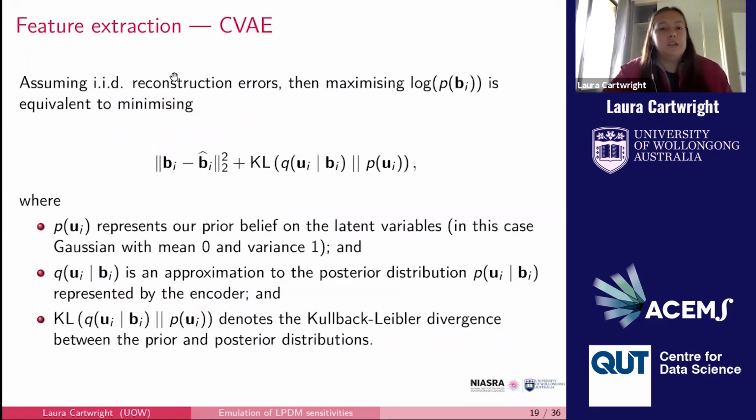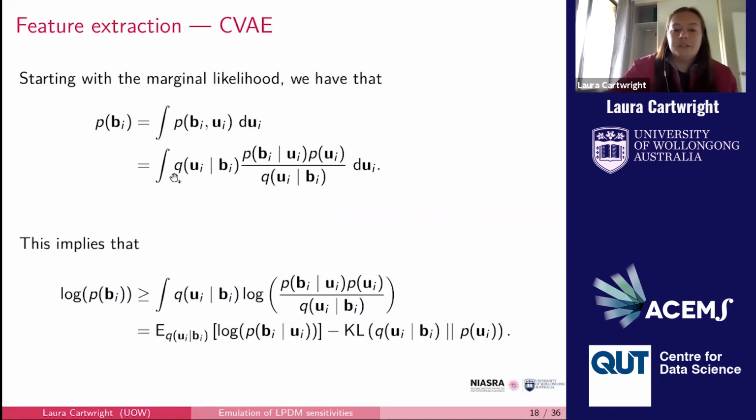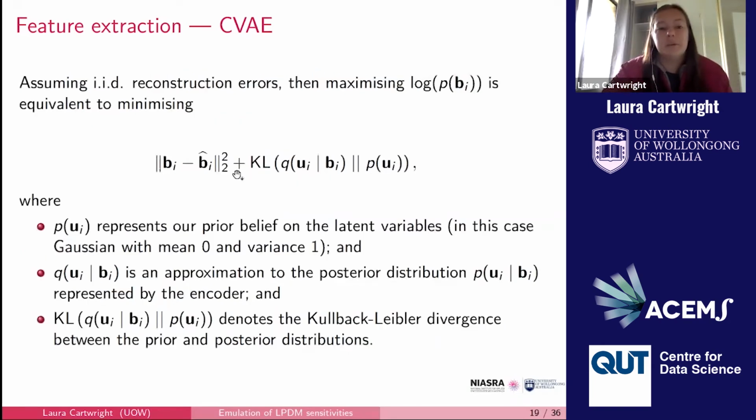Okay, if we assume IID reconstruction errors, maximizing our marginal likelihood is equivalent to, oh, there's the plus. That one's right. That's the plus. Sorry, my apologies. If we maximize the log of our marginal likelihood, it's equivalent to minimizing this guy here.